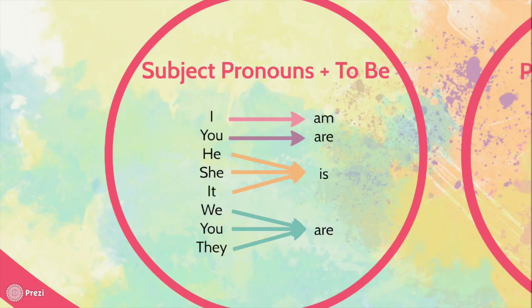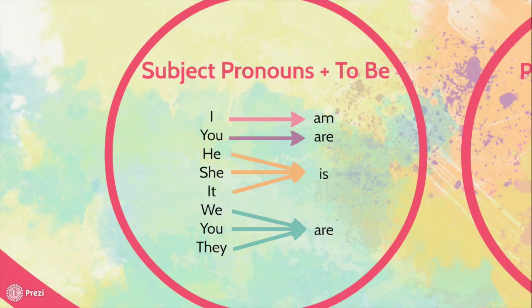The first person in plural is we. We use we with are. La primera persona en plural es we. Y usamos el verbo conjugado are para cualquier oración. The second person in plural is you, and we use are with you.